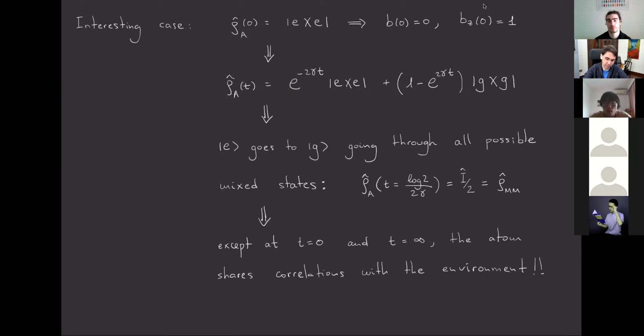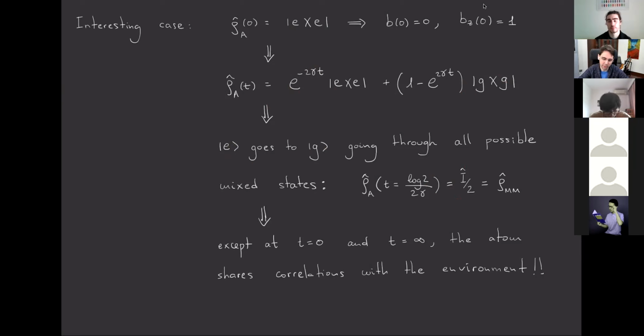Then this means that essentially for long times, so at time infinity, you end up in the ground state, but for intermediate times you always have a mixed state, and in particular, at some specific time, so let's say in the middle of the evolution, you get the maximally mixed state.